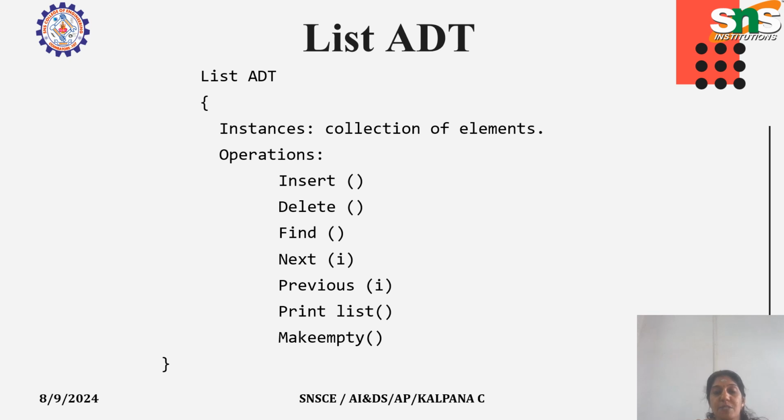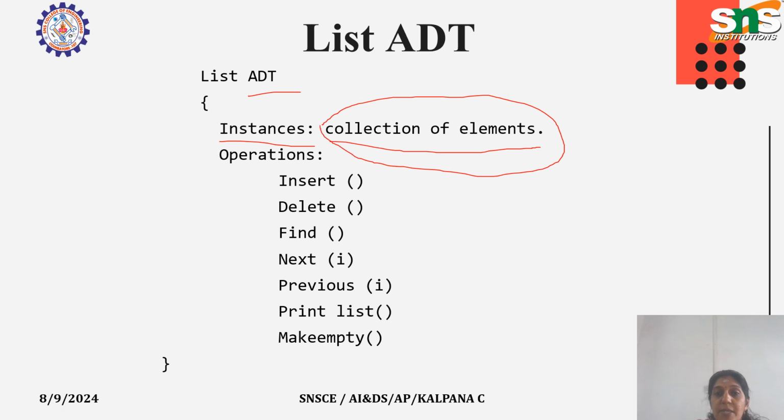For the list abstract data type, we represent instances as a collection of n elements, say 10 integer values or 10 characters in my list. That is the instance of a list. And next is the operations, meaning what types of operations you can do.